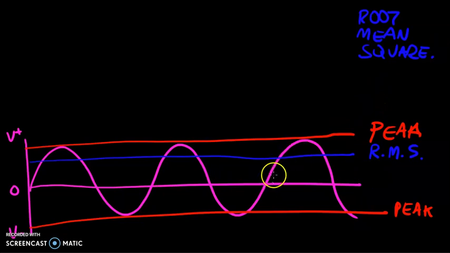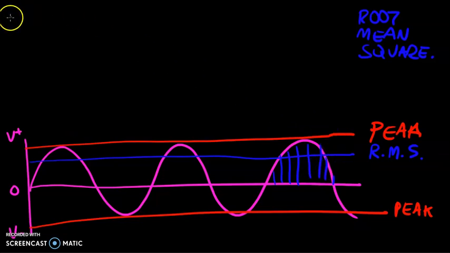The root mean square involves squaring the individual values, finding the average of those squares, and then finding the square root of the average of the squares. So that's quite a rigmarole. You're not expected to have to calculate that.